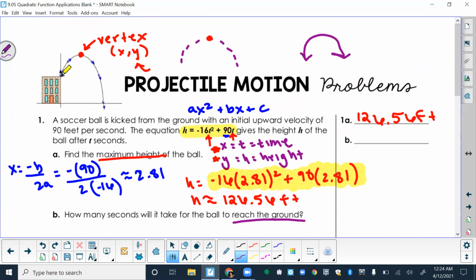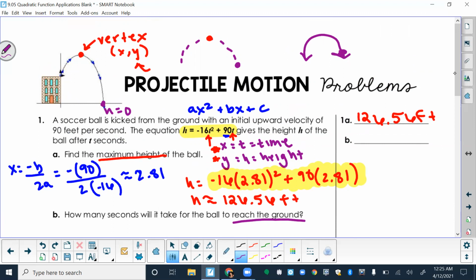If we use this example, it gets thrown here and then reaches a maximum height, starts falling, and then it stops right here. Same with these over here, when it reaches the ground, would be at the end of its journey. And that would be when this y value or this h value, when the height, is equal to 0.